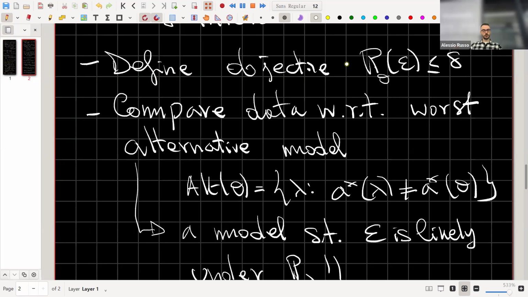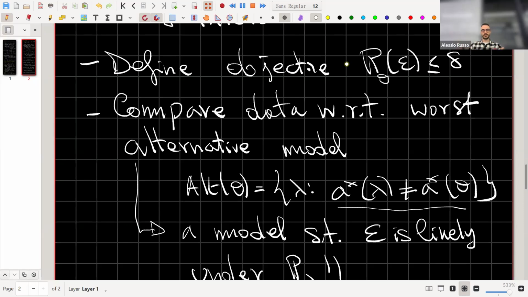So what you want to do is try to falsify that the data is coming from lambda, from this alternative model. You want to rule out all these possible alternative models. And what's important here is that we are not just considering any alternative model. We are just considering alternative models where the best arm is different. Because if the alternative model has the same best arm, it doesn't really matter, because our objective is just to identify the best arm.